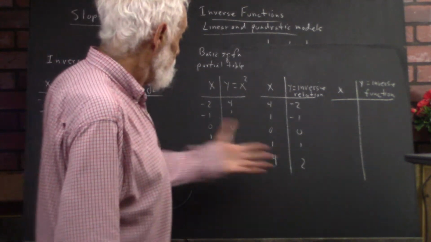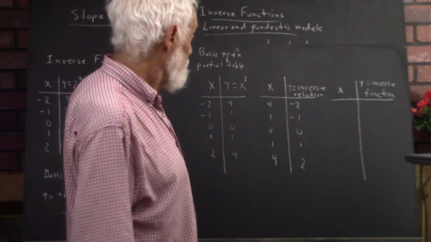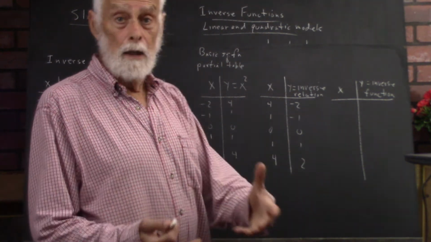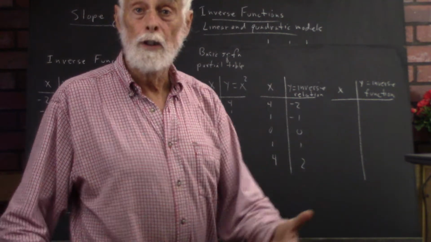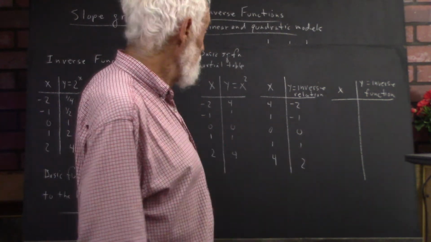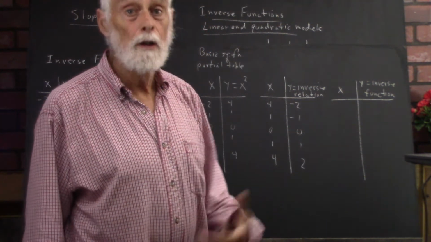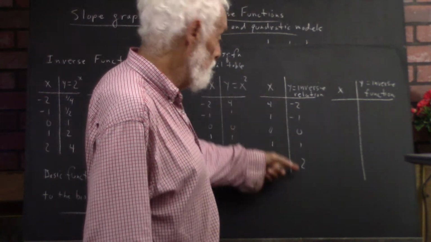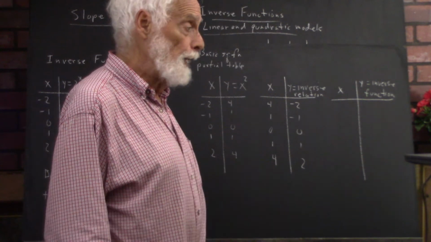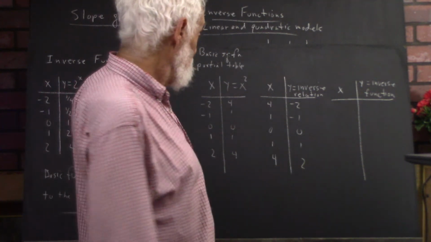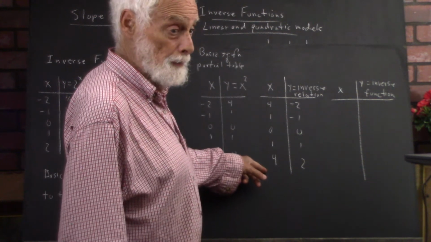Your y column would be -2, -1, 0, 1, 2. Okay? This isn't a function. If I tell you what x is, are you going to be able to tell me what y is? If I tell you x is 0, you can tell me what y is, can't you? Yeah. Now, if I tell you x is 4, what are you going to tell me for y? You could tell me -2, you could tell me 2, or you could answer honestly and say, if you ask for a value, I can't give you one, because there are 2 values here.